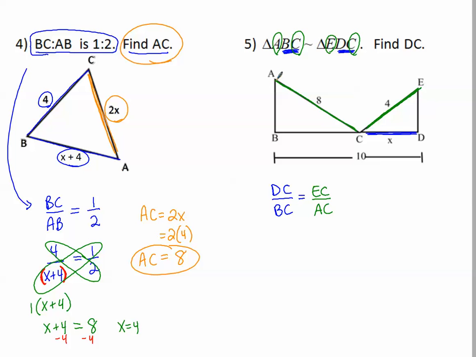Now I'm going to do some substituting of what these are. So EC we said is 4. AC we said is 8. And that will be equal to DC, which says X, over BC, which doesn't say anything. Well, from B all the way to D, it says 10.